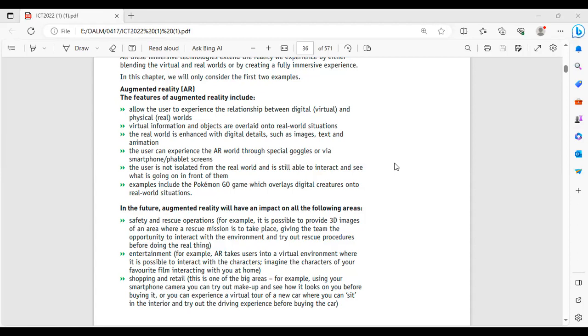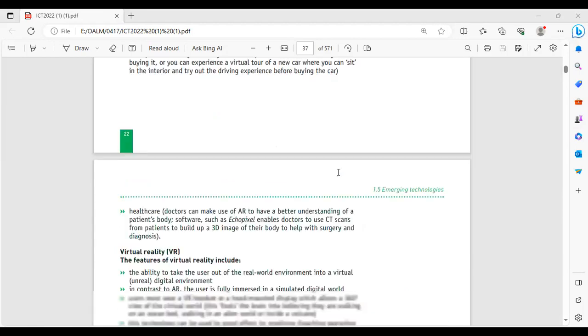The user is not isolated from the real world and is still able to interact with the people around them, but they can still see the digital world. The examples are Pokemon Go, like I said, which overlays digital creatures onto real world situations. Good. So this is basically the end of chapter 1.